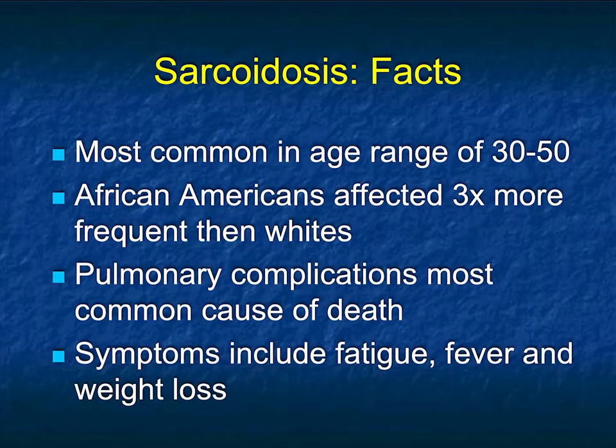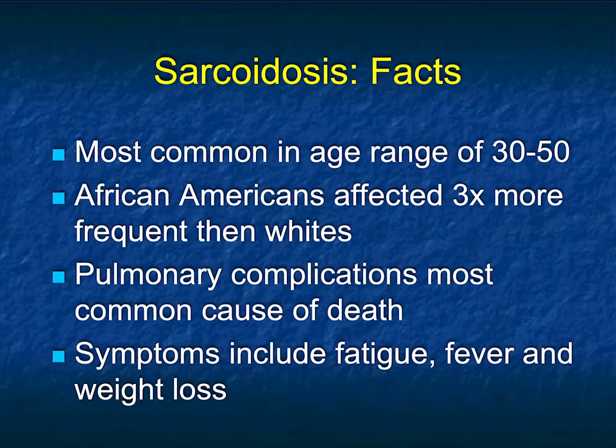So again, remember some of the things we think about. Sarcoid patients are often younger, age 30 to 50. African Americans are affected more commonly than whites. Pulmonary complications are not uncommon. Now you can obviously have extensive adenopathy from lymphoma in the mediastinum and hilar regions. But again, if you see some adenopathy, at least think about sarcoid.